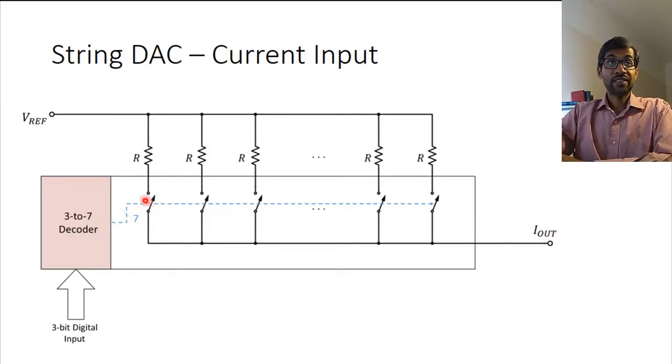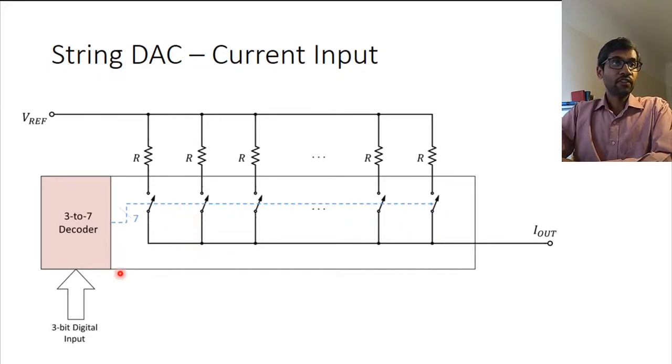So if two switches are closed, how much current is going to flow through here to Iout? You will have Vref over R here, and you will have Vref over R here, and therefore the current will be 2 Vref over R. If three switches are turned on, you will have 3 Vref over R, and so on, right? So Vref over R becomes the constant by which you're multiplying your digital input.